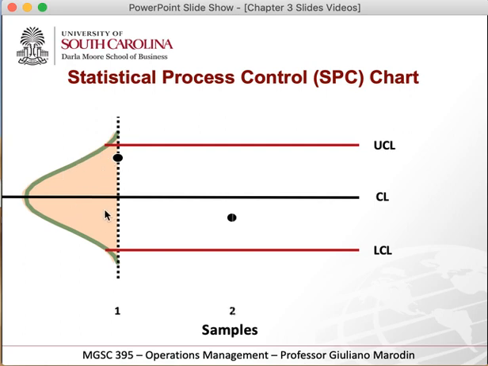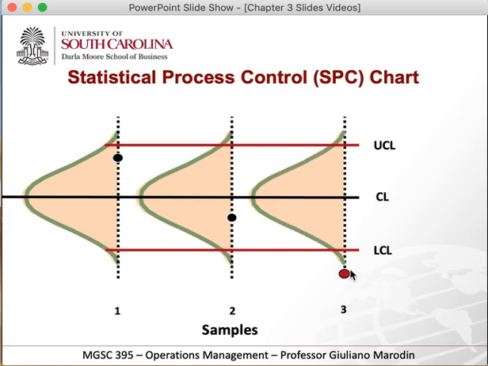I took the second one and it's here, so even more mean centered. So the likelihood of this coming from this distribution is very, very high, even higher than the previous case. But now I collected data and the sample was here. So I know that it's very unlikely that this sample mean is actually coming from this distribution.